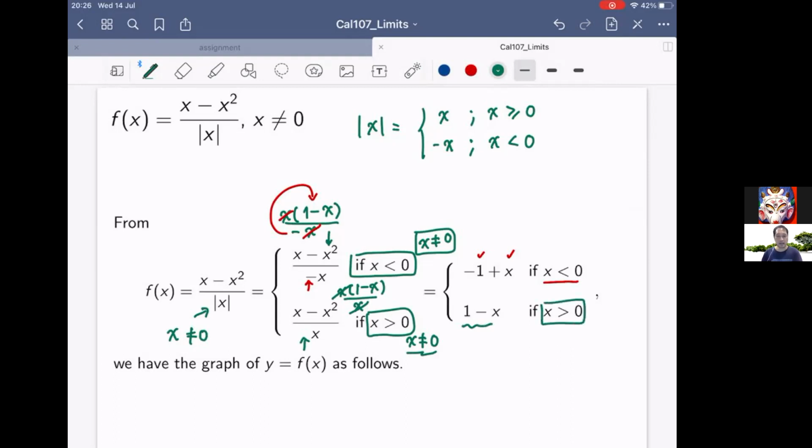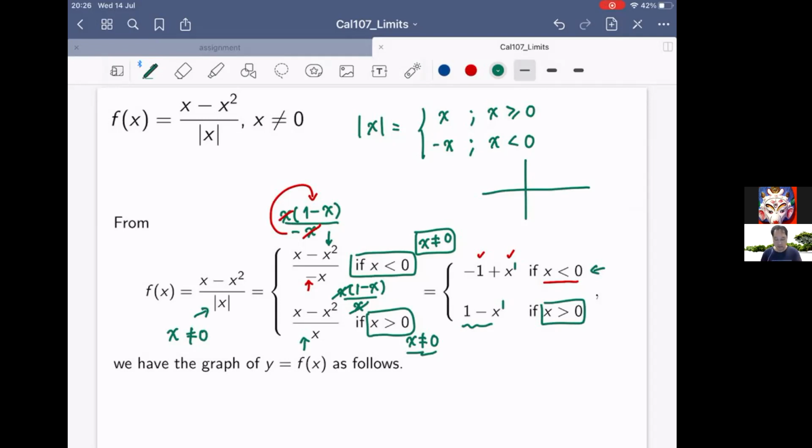So can we draw a graph of this kind of function? Actually we can do it very easily, because both of them have x to the power 1, so it is a straight line. For a straight line you need only 2 points to get it. So if your x is 0, even though we say x is not 0 here, because it is a straight line, we just pretend that it is there first, and later on we are going to get rid of it.